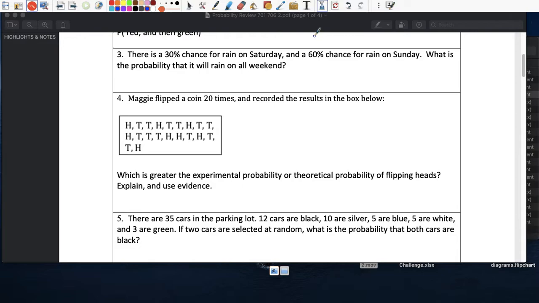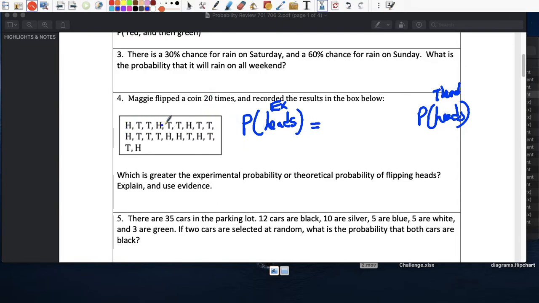Maggie flipped a coin 20 times. Here are the results. Which is greater, the experimental probability or theoretical probability of flipping heads? Well, let's go heads. Let's write that. And here's the experiment, and here's heads of theoretical. So, in the experiment, how many times did the coin land on heads?